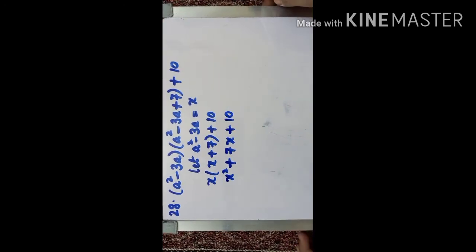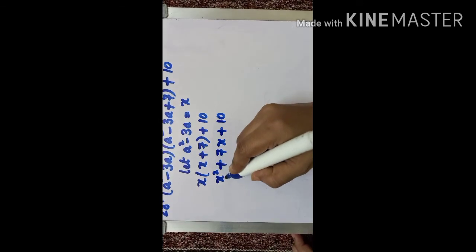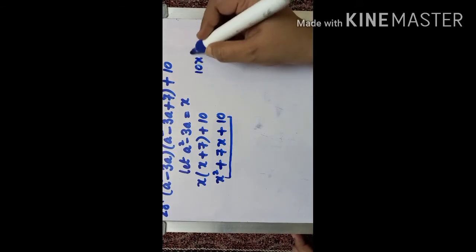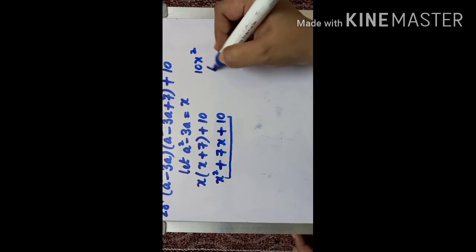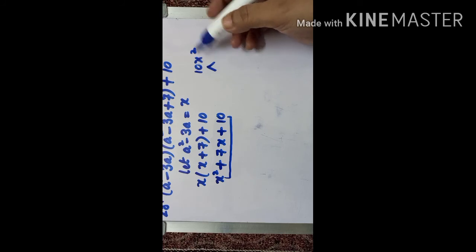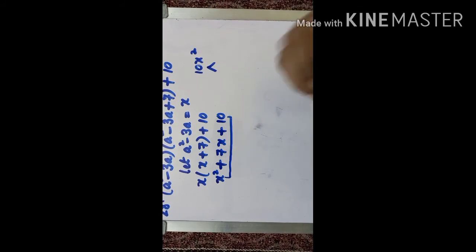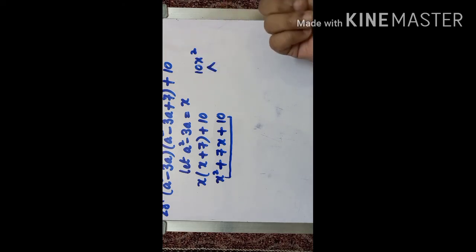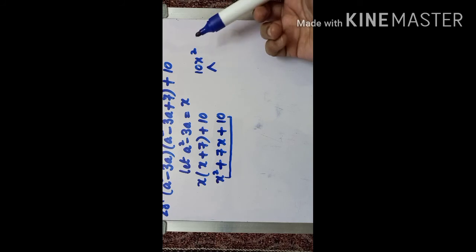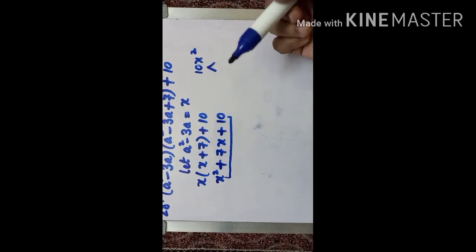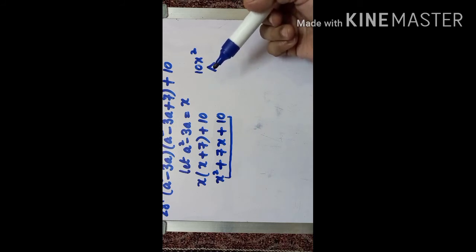Now you can factorize this first term with the last term. Here 10x square you got, x square into 10 will be 10x square. Okay, so now what can you write for 10x square, so that here also you can split up the terms, so that when you multiply here also you should get that 10x square. 10 ones are 10 is not possible, 10 and 1 means here 7 you will not get, then 5 2s are 10.